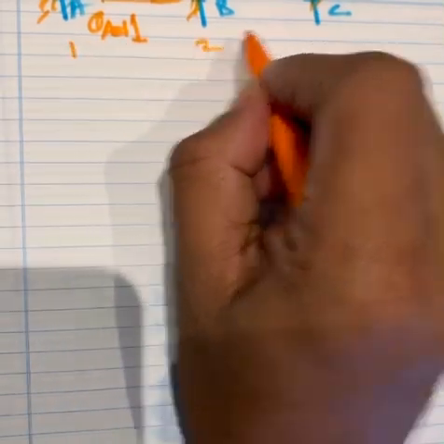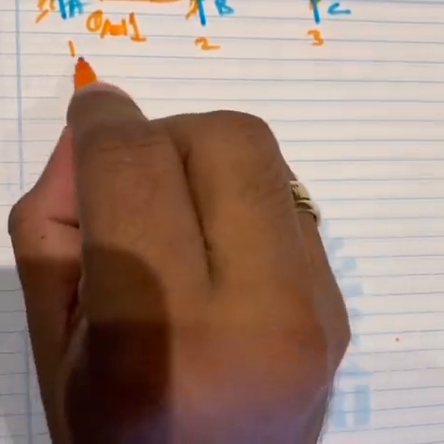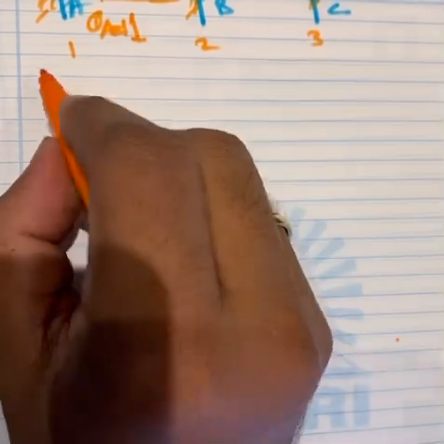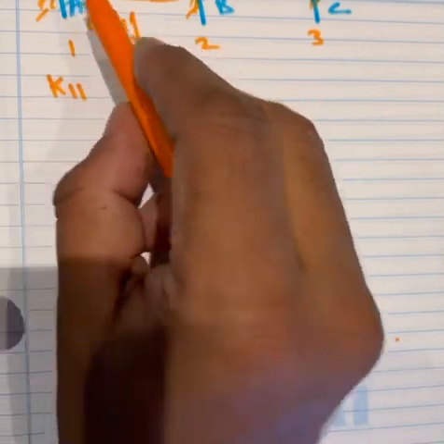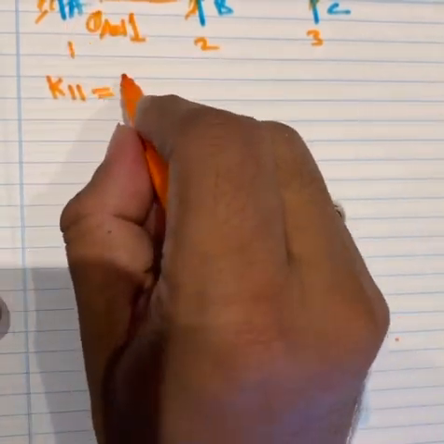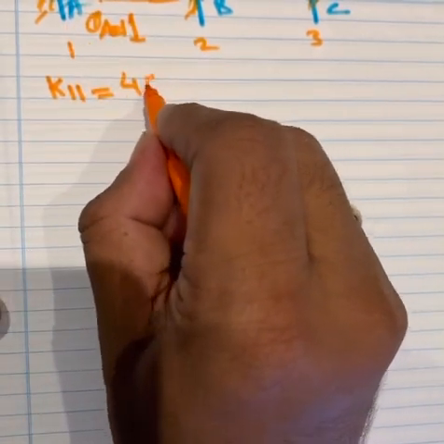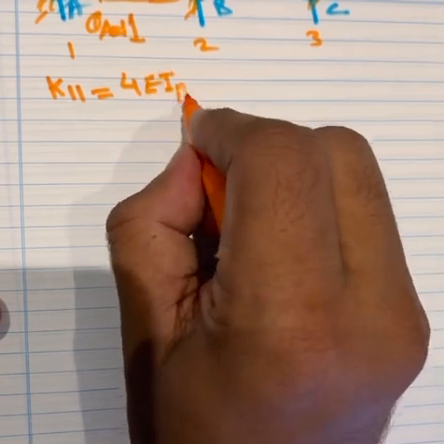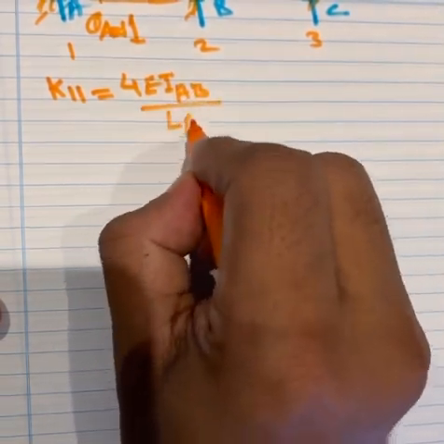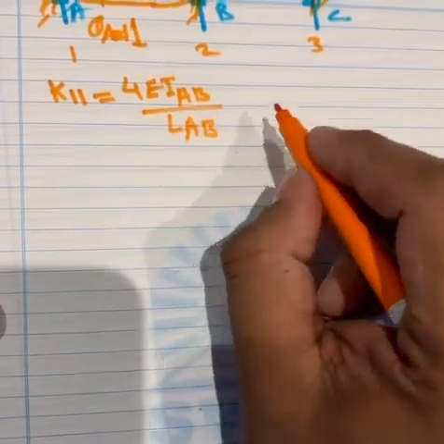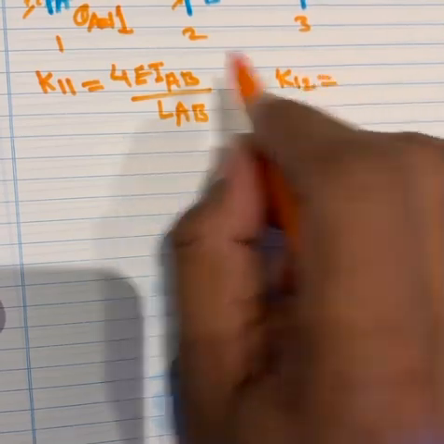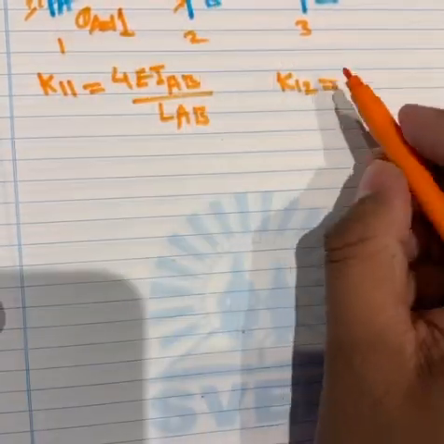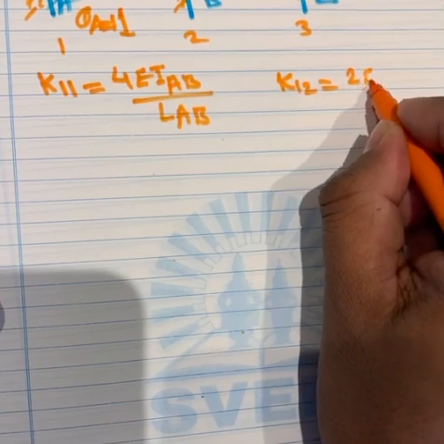Remember 1, 2, 3, and you get 3 components from each diagram. K11 is where unit rotation is given at 1 and stiffness is measured at 1, so it will become 4EI_AB divided by L_AB. And what is K12? Because of unit rotation at 1, what is happening at 2? It will become 2EI_AB divided by L_AB, in this span only.